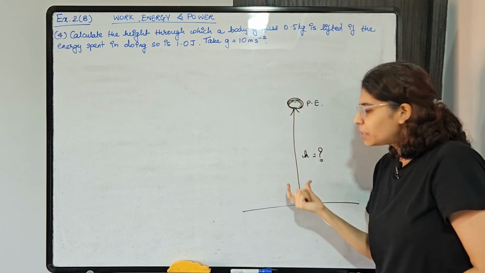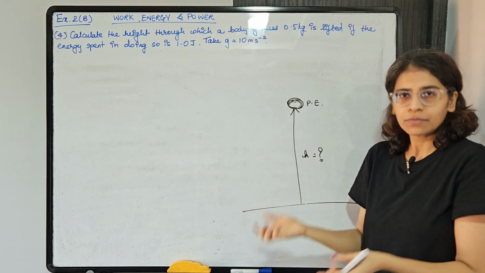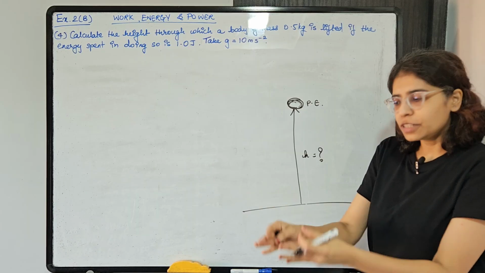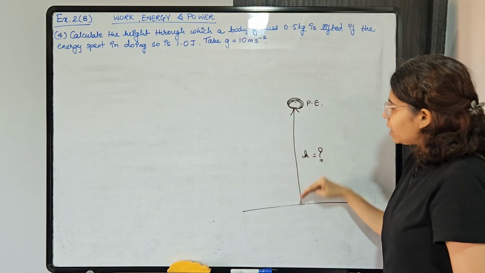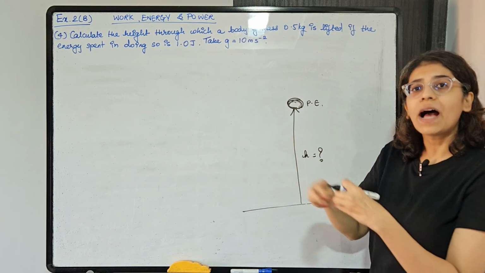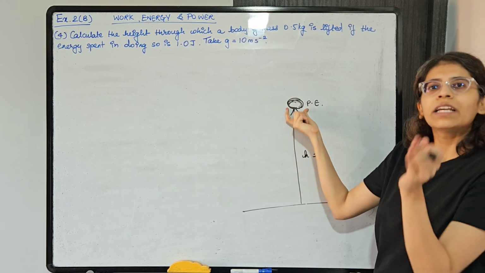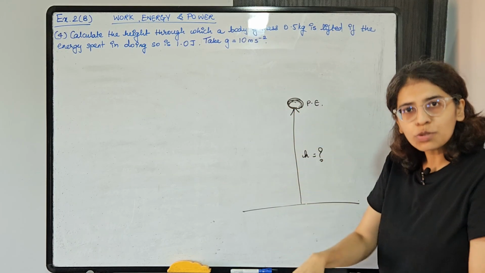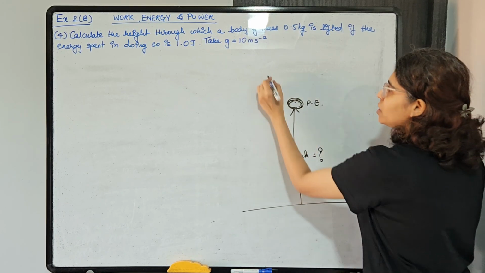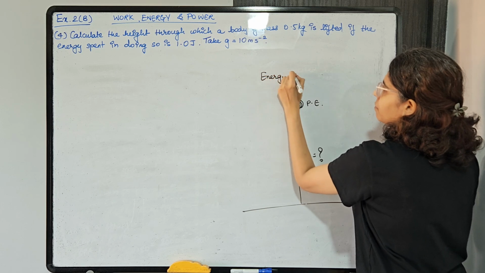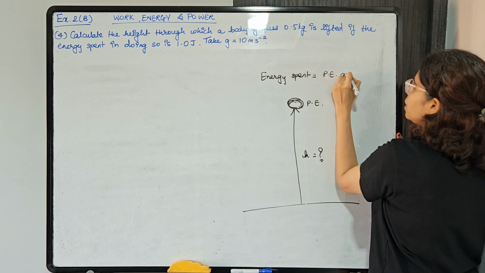So when you lift a bag full of books from the floor to a table, the bag is being raised through some height, so the bag will possess potential energy. And that potential energy gained by the bag is nothing but the energy that you spent in raising the bag. So energy spent is nothing but potential energy gained by the body.